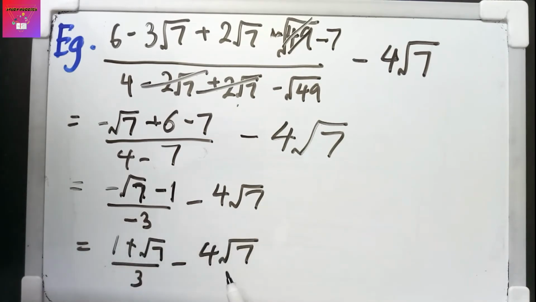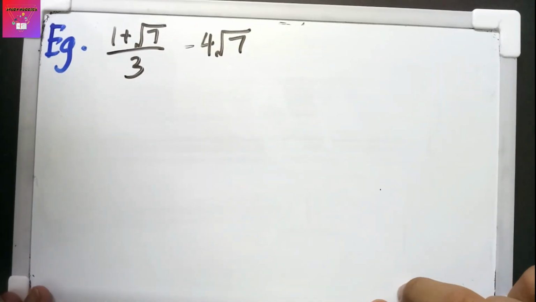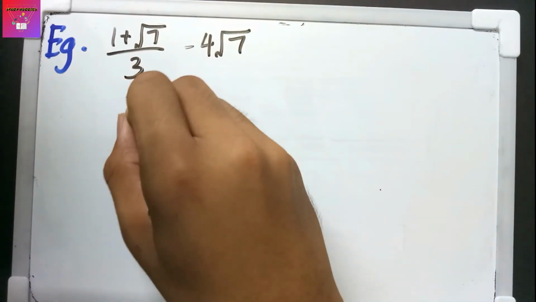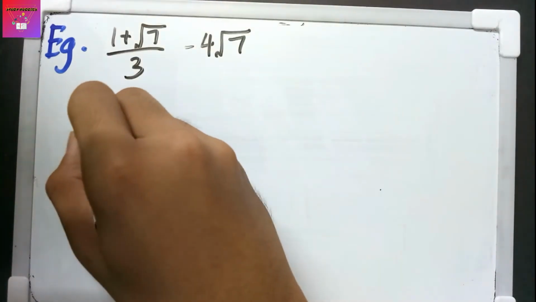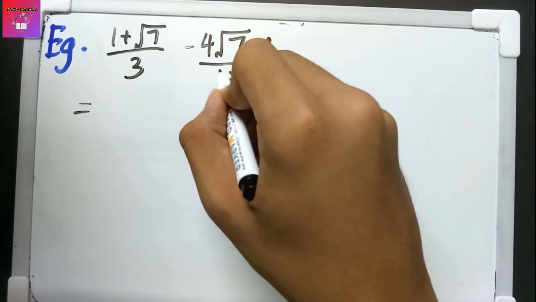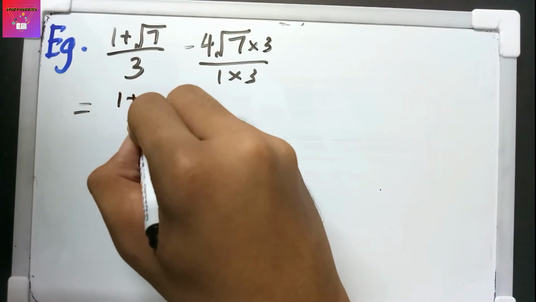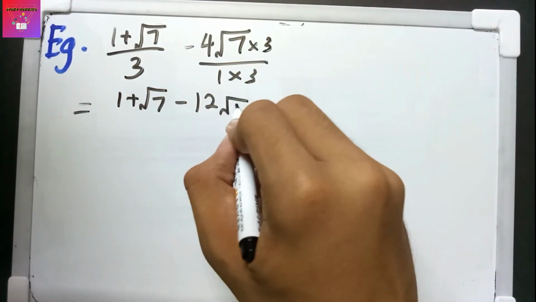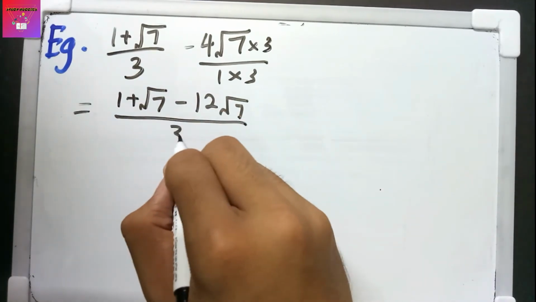Now we can start to solve the part which I asked you to ignore just now, which is minus 4 surd 7. The parts after this are almost the same as how we solve a normal fraction question. So we are going to make everything have the same denominator, which means we are going to multiply this by 3. So 1 plus surd 7 minus 3 times 4, 12 surd 7 over 3.